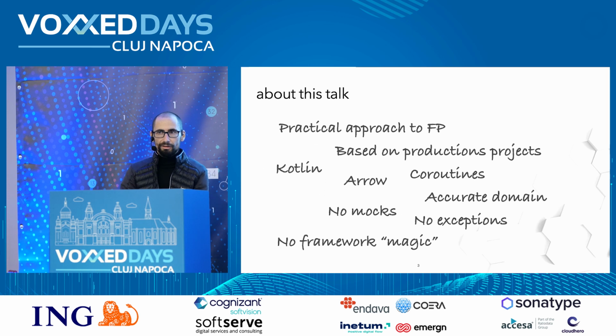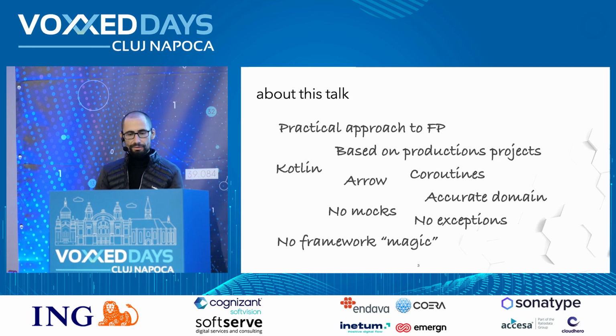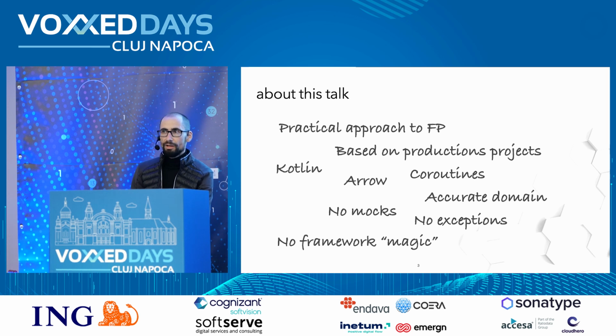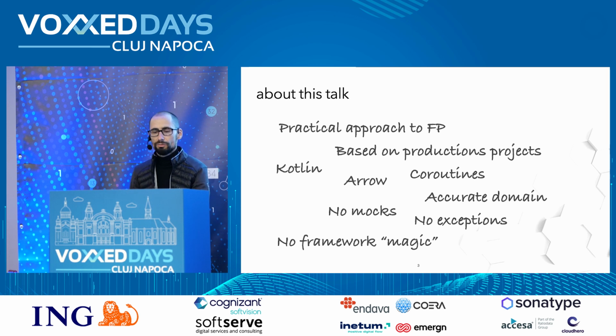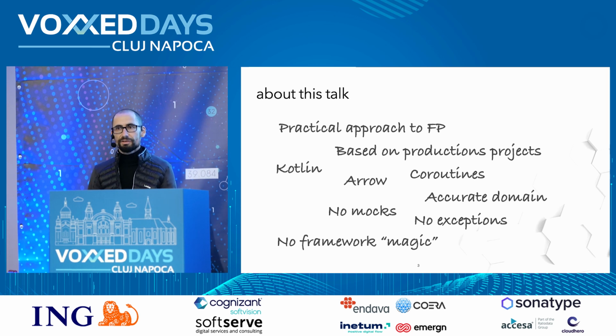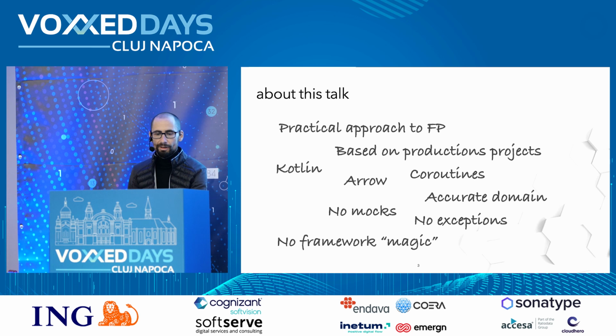Okay, about this talk. This is going to be a practical approach to functional programming based on the experience that my team and I gained over time on production projects, especially with Kotlin and Arrow. Arrow is a library that brings many goodies from the FP world to Kotlin by leveraging the power of coroutines.